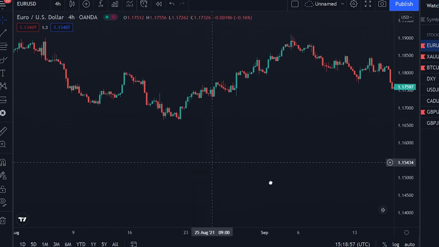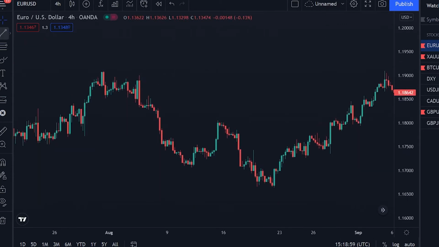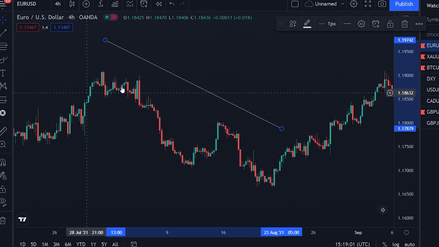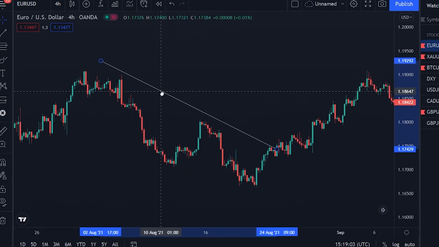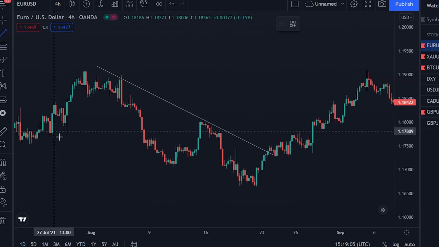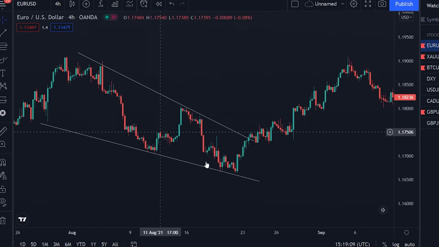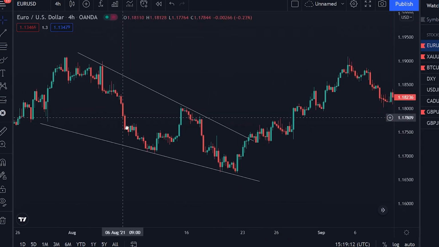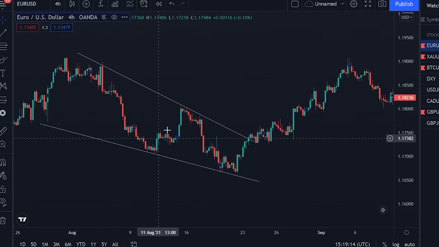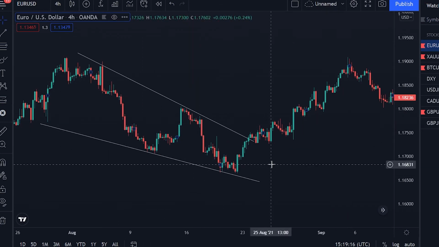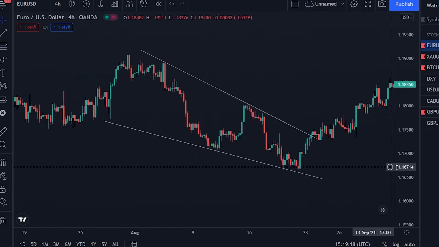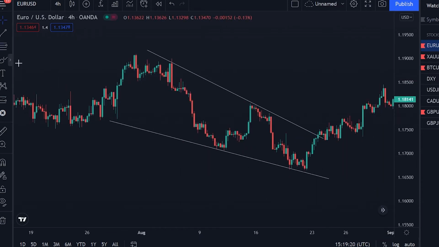Here's an impulsive phase right here. An impulsive phase is when the market goes like this, straight down. That way you'll be able to use it to draw up your lines. Now this is an impulsive phase altogether, and here are the impulses within this impulsive phase.